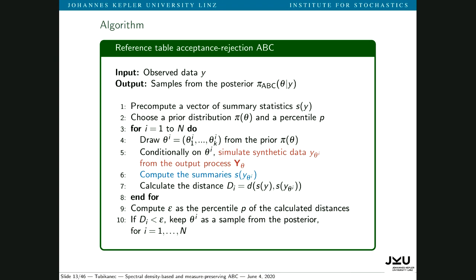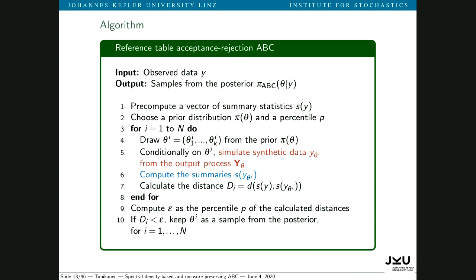So we observe data Y, and then in the end, as an output, we get samples from the ABC posterior. In the very beginning, we calculate summaries of the observed data Y, and we have to choose a prior distribution. And then n times we repeat the following, and n can be very large.